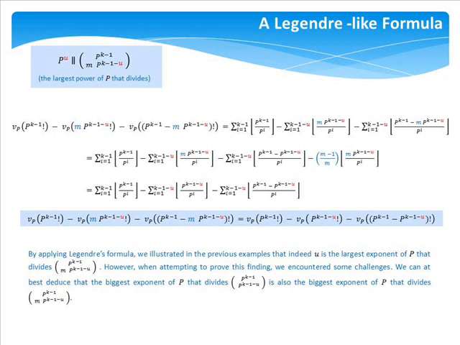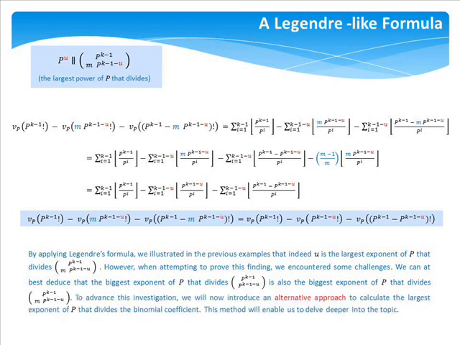We can at best deduce that the biggest exponent of p that divides binomial p raised to k minus 1, choose p raised to k minus 1 minus u, is also the biggest exponent of p that divides binomial p raised to k minus 1, choose m times p raised to k minus 1 minus u, that is, involving m this time.